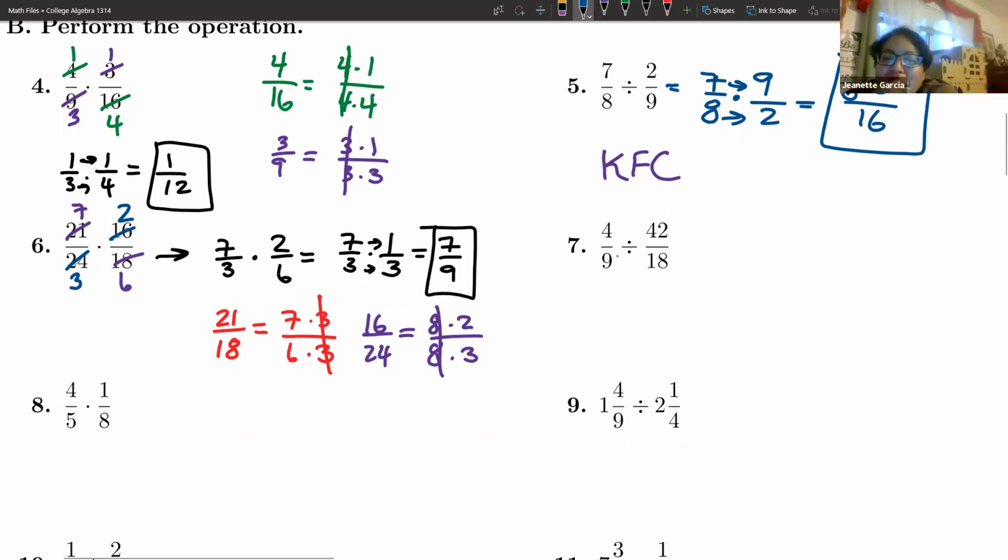Professor, one more question. What's up? On the last problem we just did, where you did all that multiplication and work, my answer was 14 over 18, and then I just reduced it with the 2 and simplified it. So is it necessary to do all of these little steps?